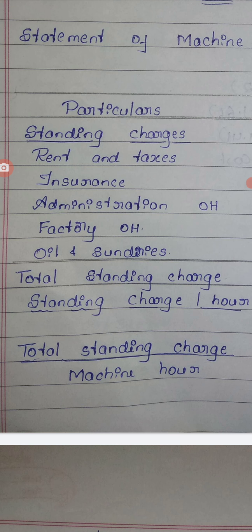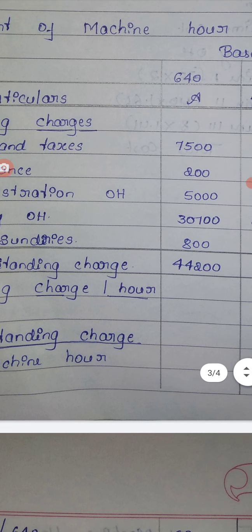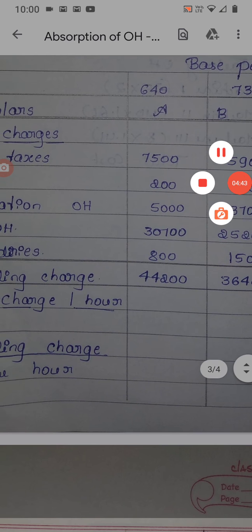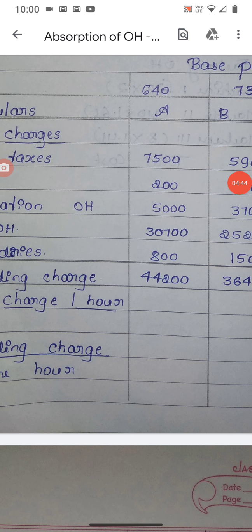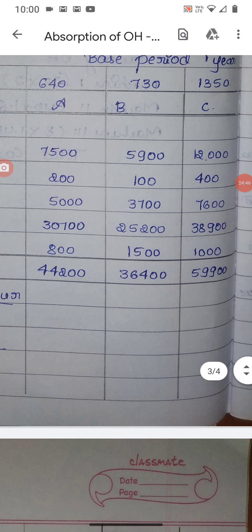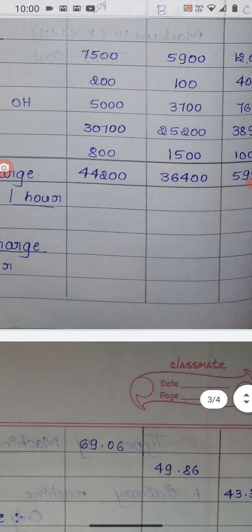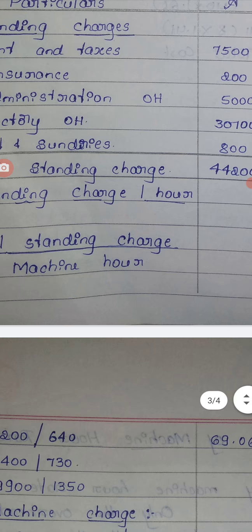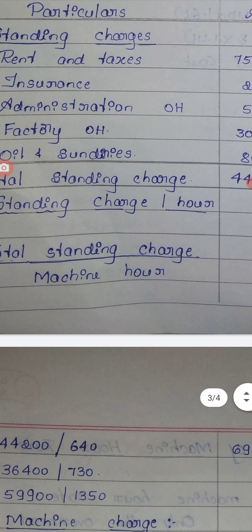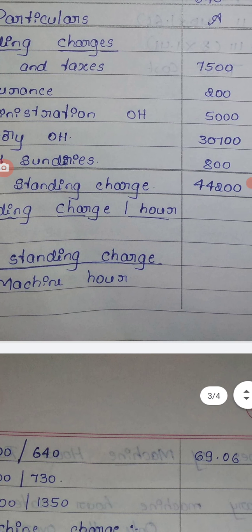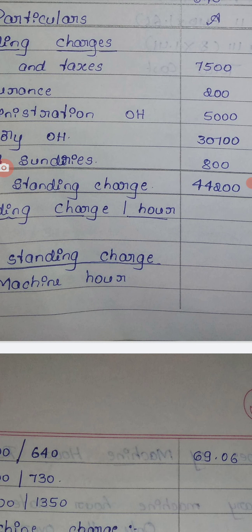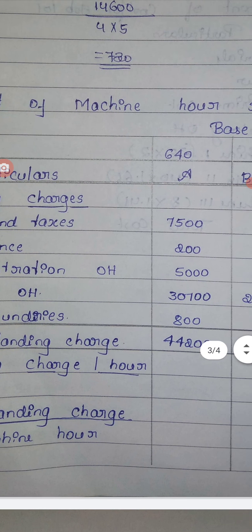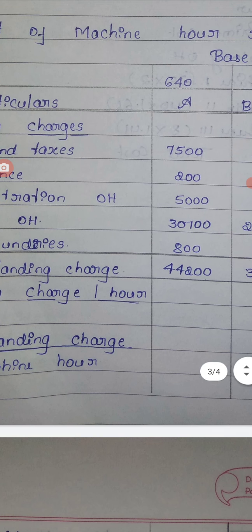So we have to total the standing charges. This is just the total of the expenses, whatever is given in the problem. Then we have to find the standing charges per hour. How do we do that? We take this total and divide it by the machine hours, which we calculated in the first part.